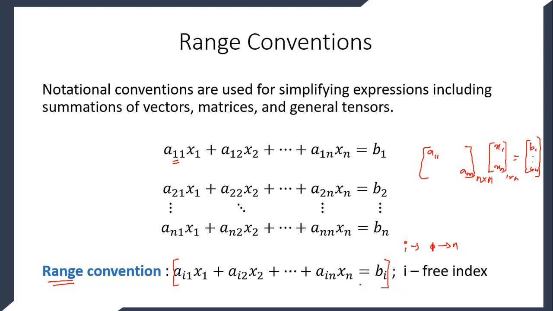Suppose this is denoted in an n-dimensional space. Suppose it is denoted in a three-dimensional space, say x, y, z space, then i will range from 1 to 3. That is, we will have 3 such equations.